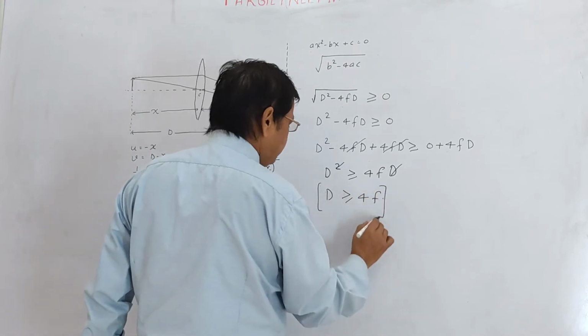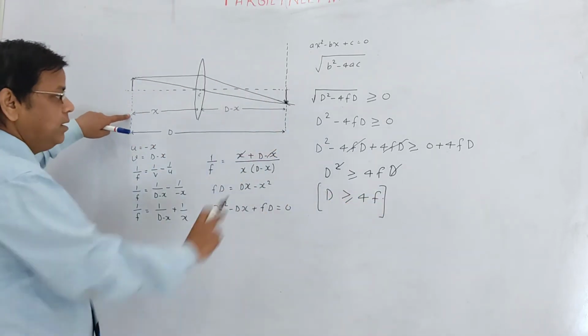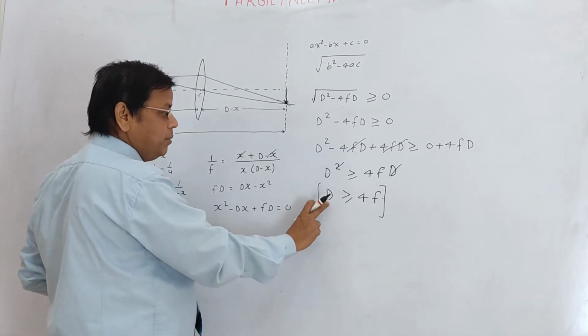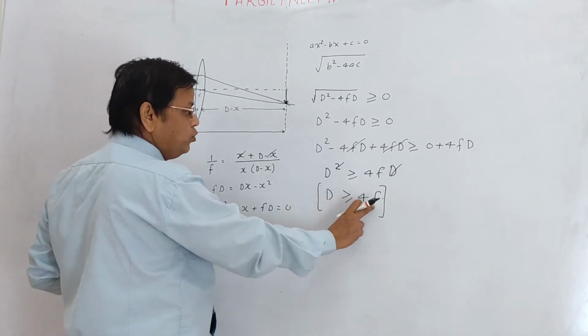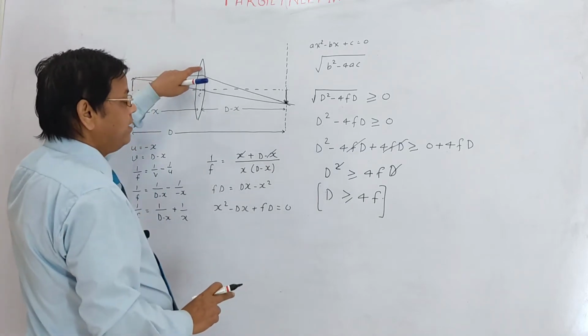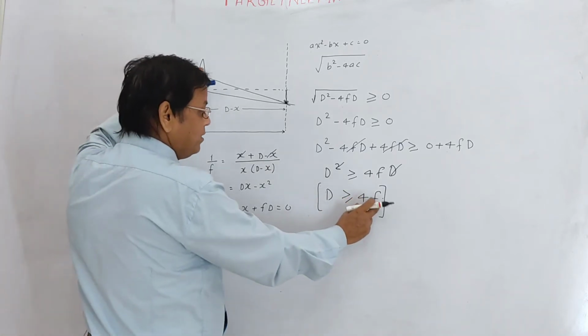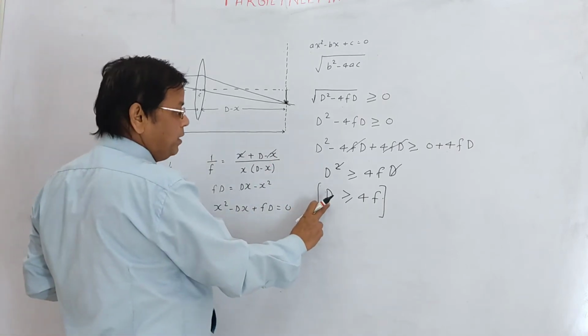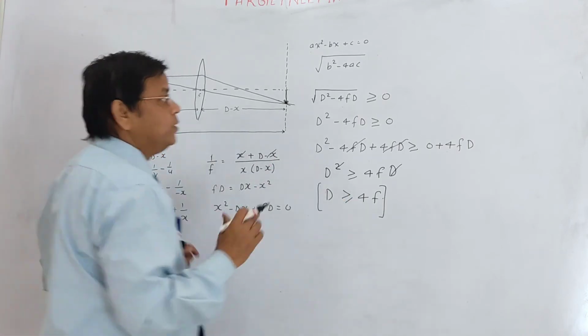What is d here? It is the distance between the real object and real image. So the distance between the real object and real image should be either equal to 4f, f is the focal length of this lens, or greater than this. So what is the minimum distance? This. So d will be minimum if you take the equal sign here.